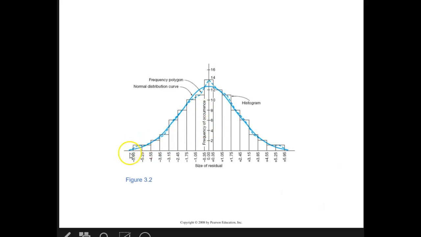It also says that out here in the tails, where you have very low frequency, that data tends to be kind of rare. So this would correspond to very tiny fish in my example, and this would occur with very large fish.